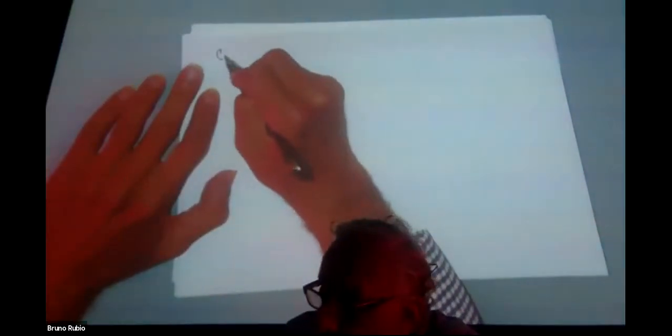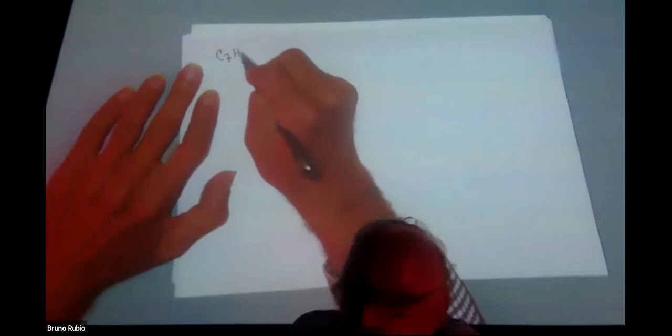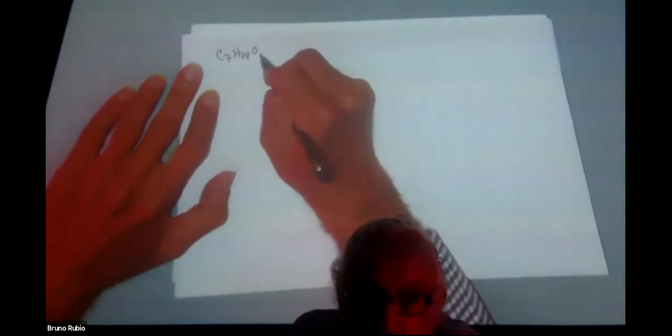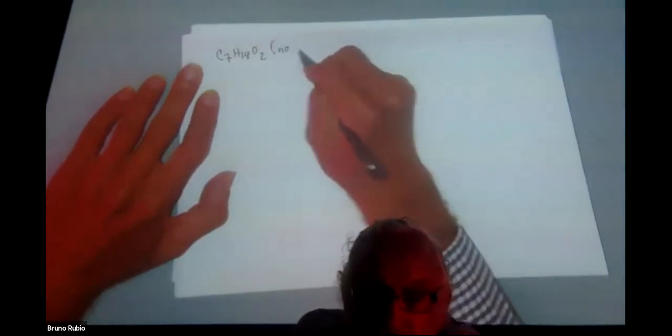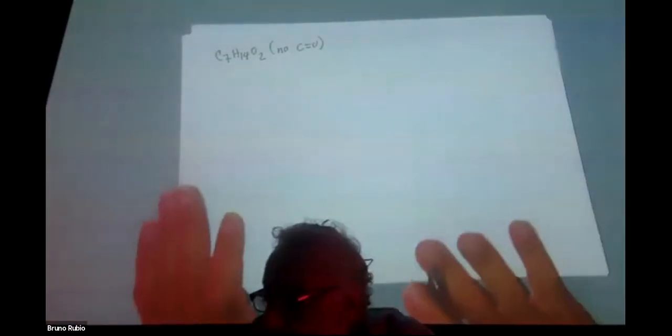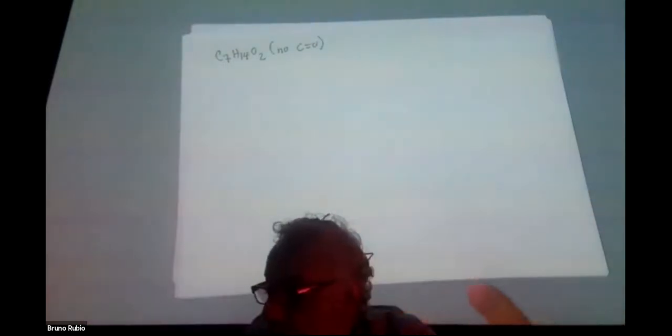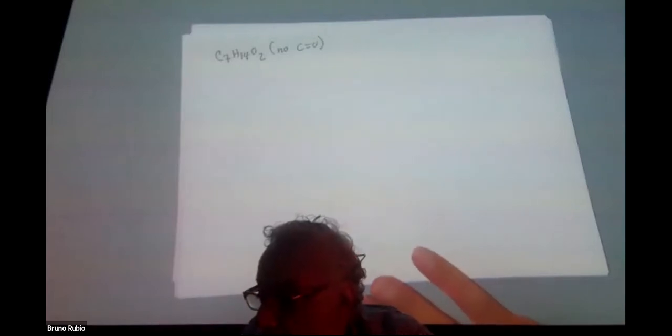Okay, so let's do this one. C7H14O2, and we're told it has no carbon-oxygen double bond, so it's not a carboxylic acid, it's not an ester, it's not a ketone, so it has no carbon-oxygen double bond.